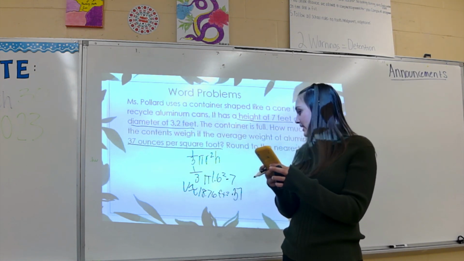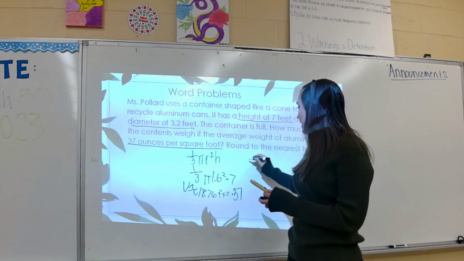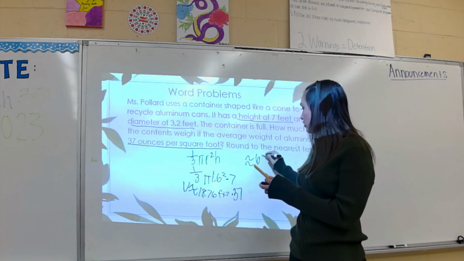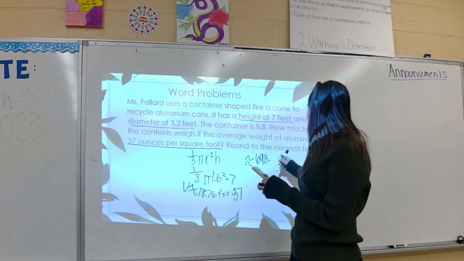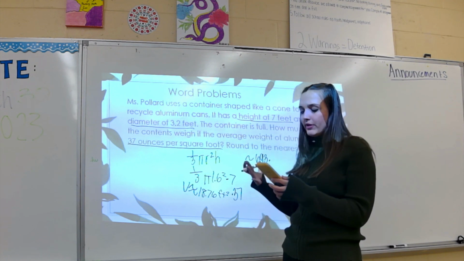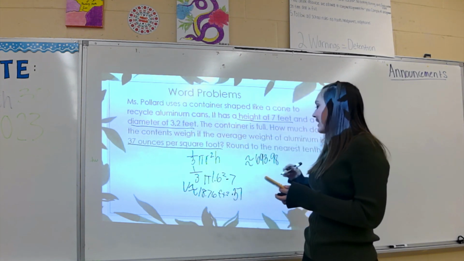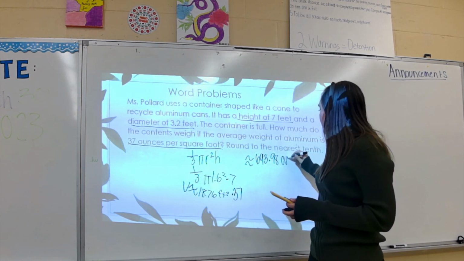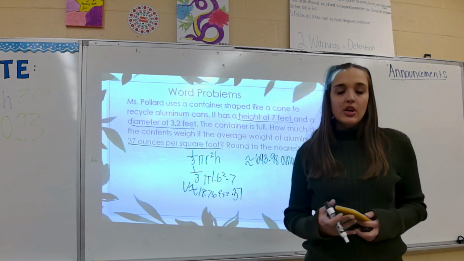So I have my 18.76 times my 37, and I get approximately 693.98. They say to round to the nearest tenth, however, it's 0.98, so I'm just going to leave it like that, 693.98, and I'm going to label it as ounces because we are multiplying by the ounces. So that is the amount of ounces we would need.